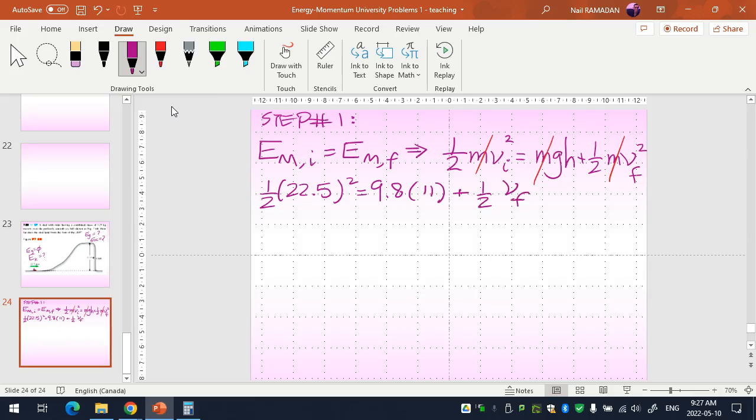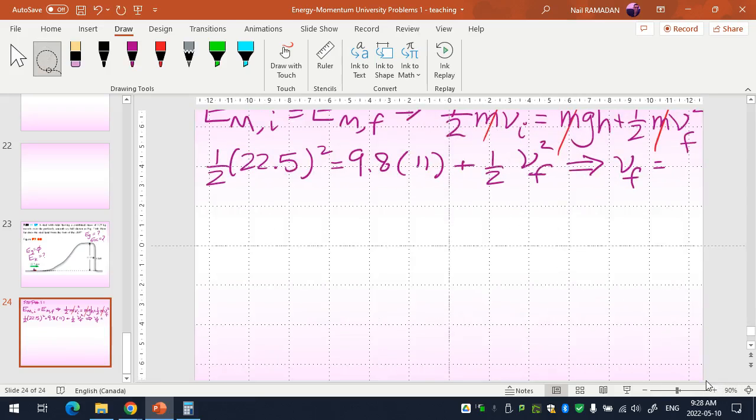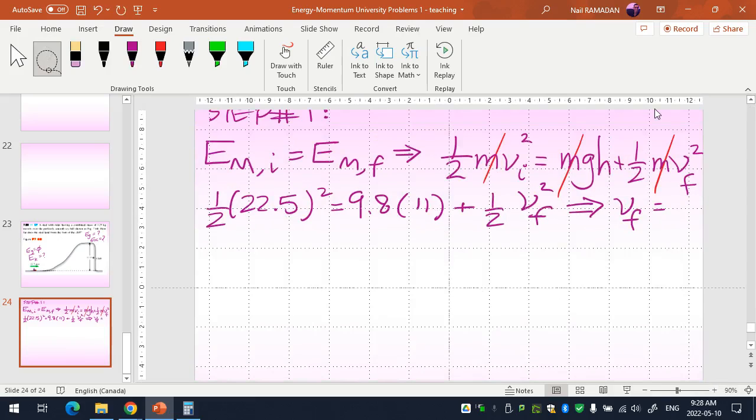How do you solve it? You really just need to clean this up and move it here, then multiply by 2 and square root. I'm going to do the whole thing in one shot. VF equals. Go ahead, I'll catch up with you.